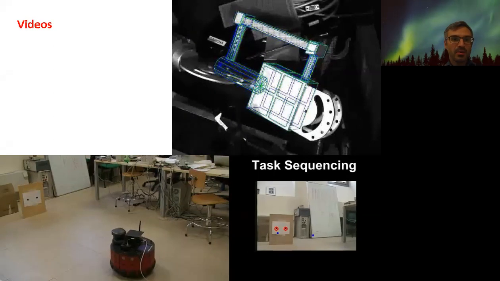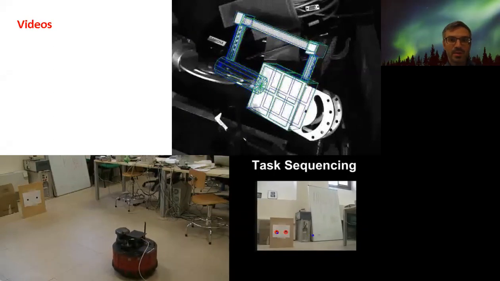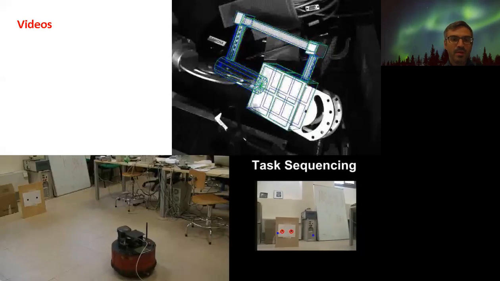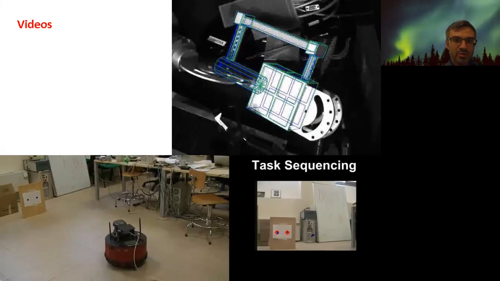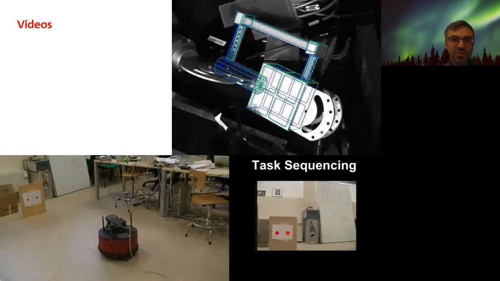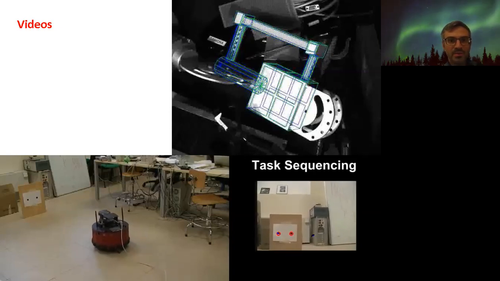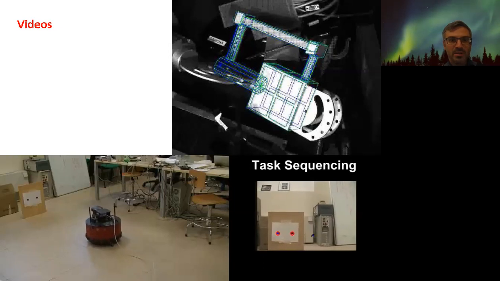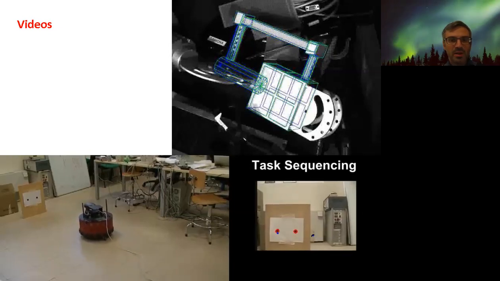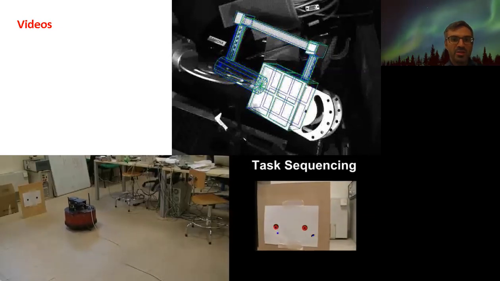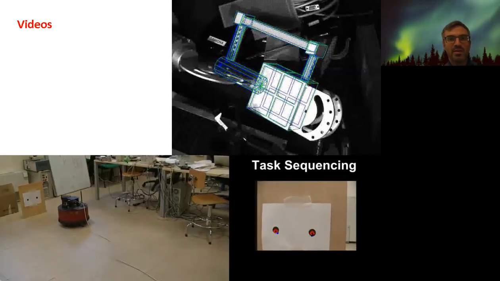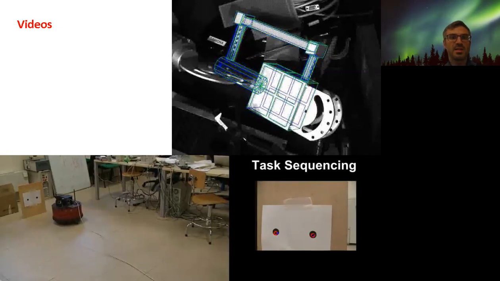And in the bottom one, you see these blue dots that should match the red dots on the box. So the robot is moving, trying to reduce the error in the image between the blue dots and the red dots. And this is an example of visual servoing.